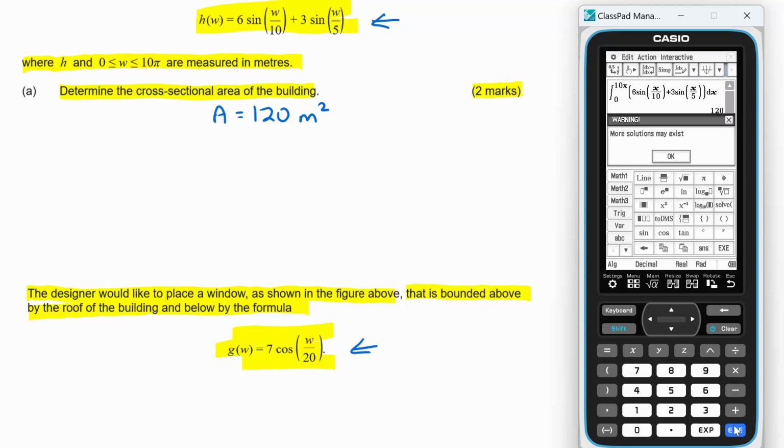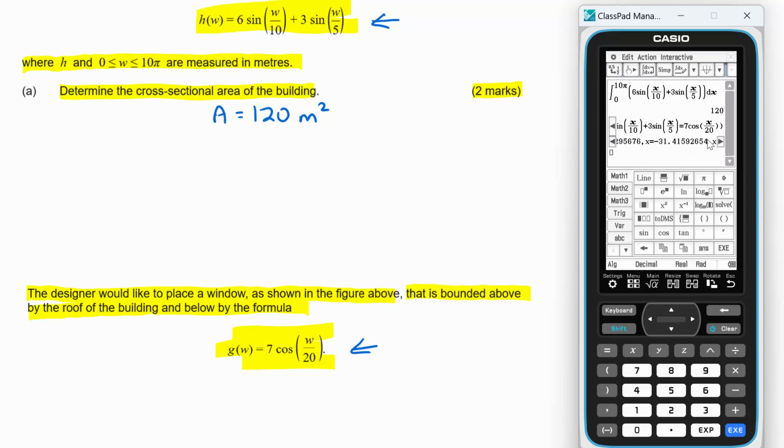And we'll solve. It says more solutions may exist. There's a whole raft of solutions here. We could go back here with the solve and ensure that we only get solutions between 0 and 10 pi, or we can scroll across and find them.